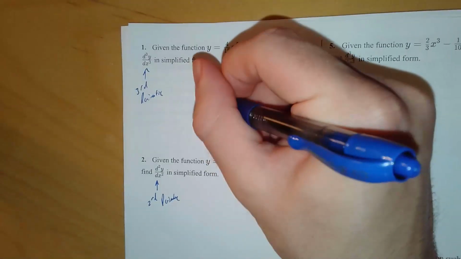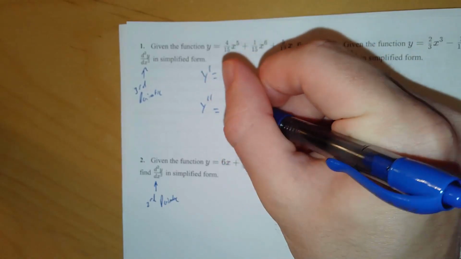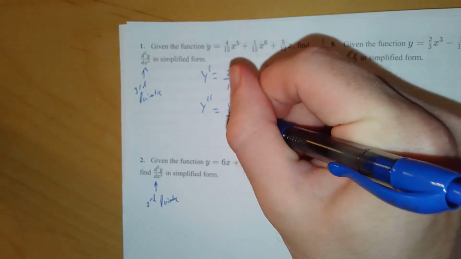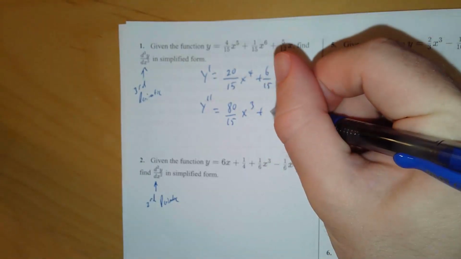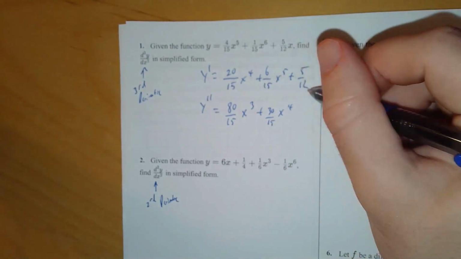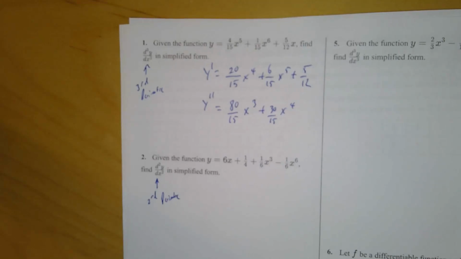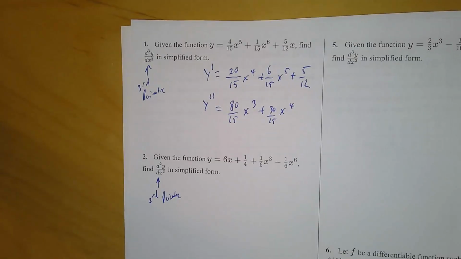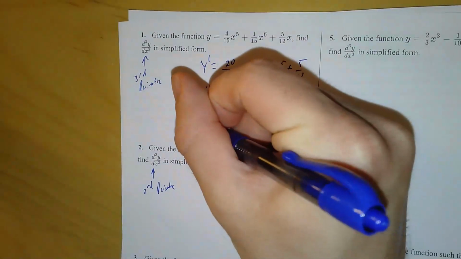And with the second derivative, that's going to be 80 over 15 x to the third plus 6 times 5, 30 over 15 x to the fourth, and then nothing here because it's going to go to 0. Oh, let me focus this. There we go.